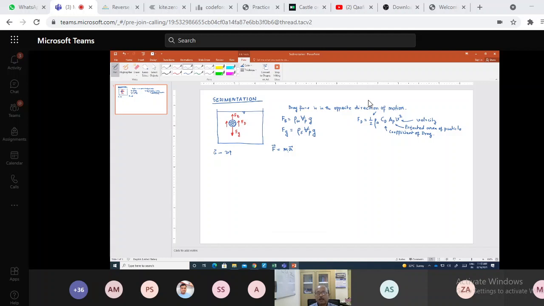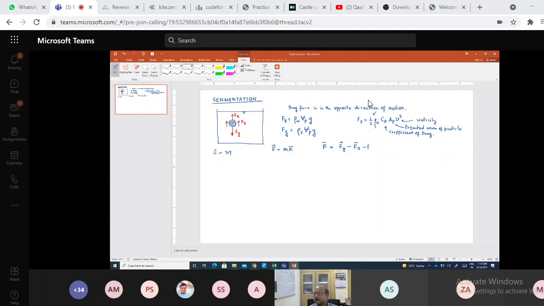If we write the resultant force, it is force of gravity minus force of buoyancy minus force of drag. But force of gravity and buoyancy are not changing, while the force of drag is changing because velocity is changing. So at a particular time, they come into equilibrium.